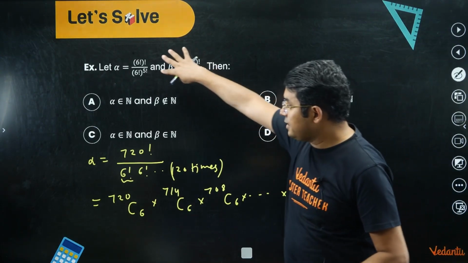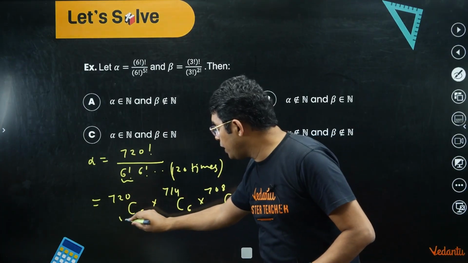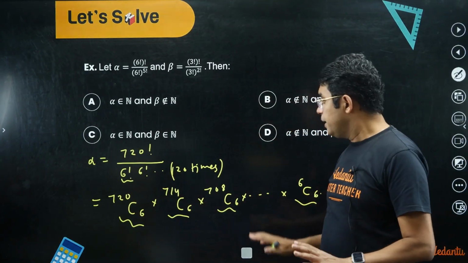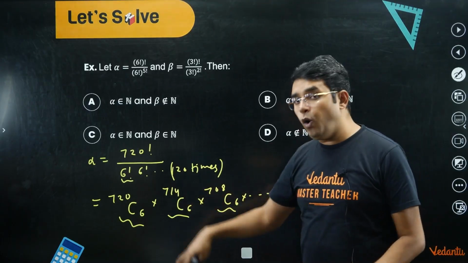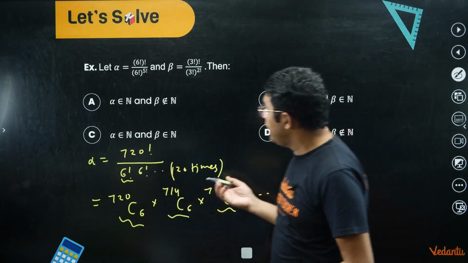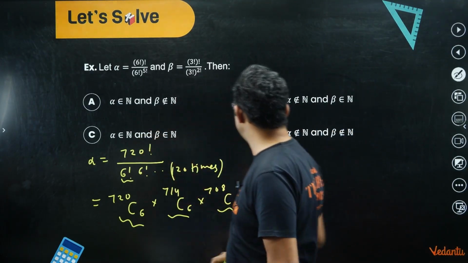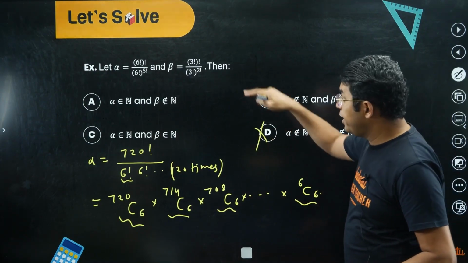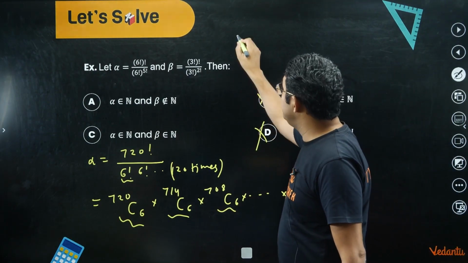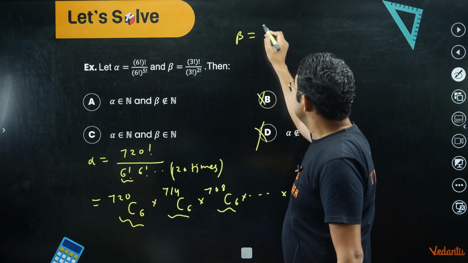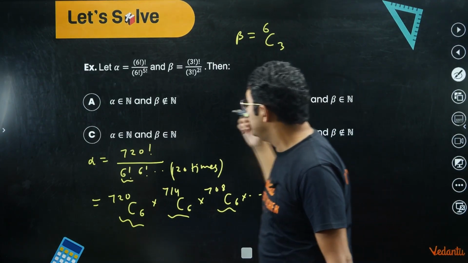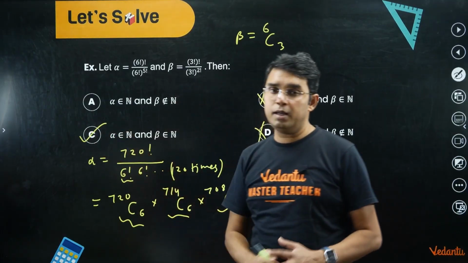So you can see this alpha is actually the product of that many binomial coefficients, and they are all integers, hence it has to be an integer. So alpha will be an integer. It is not possible that alpha is not an integer. In the same way you can do it for beta also. In fact, beta is very simple. It is just 6C3. That has to be a natural number. So alpha and beta both are natural numbers.